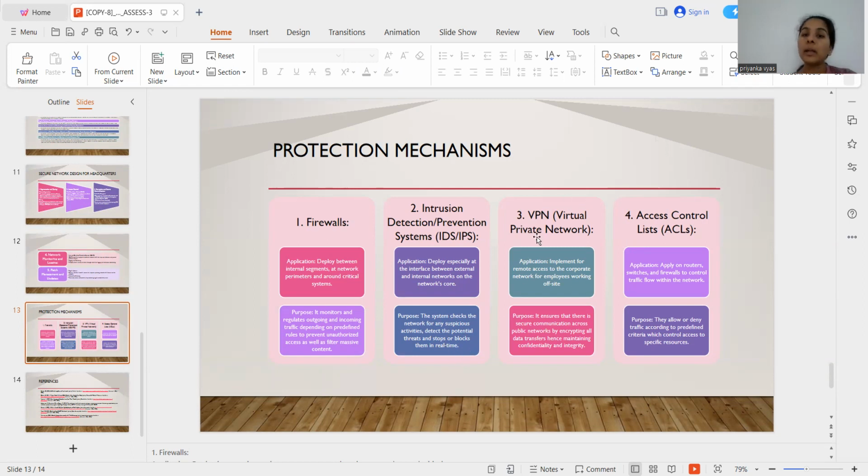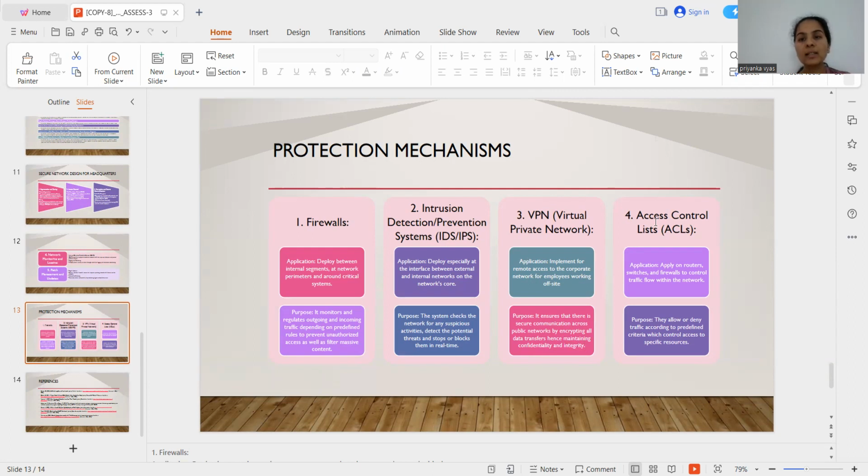In VPN, virtual private network, it is implemented for remote access to the corporate network for employees working offsite, and its purpose is to ensure secure communication across public networks by encrypting all data transfer, hence maintaining confidentiality and integrity.